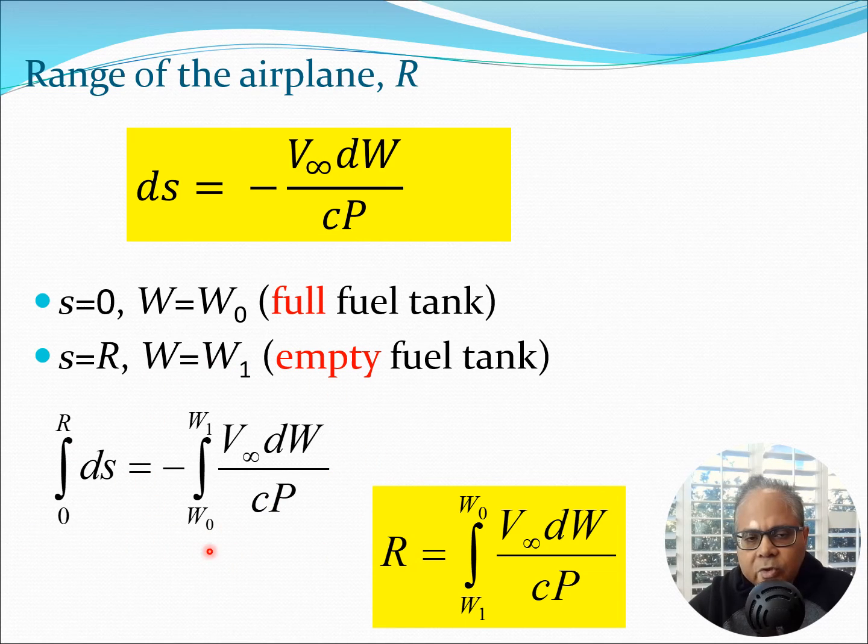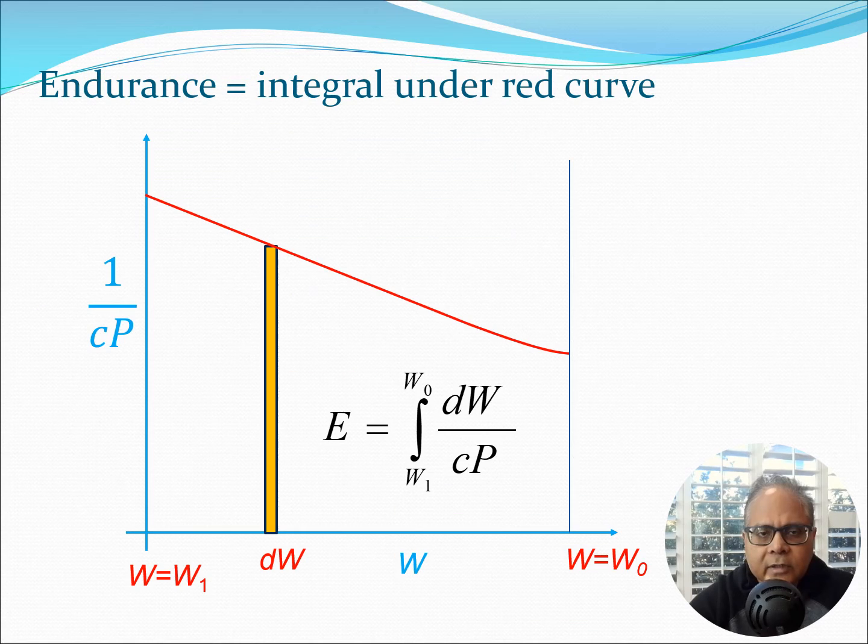So at 0 w0, at R w1. Now what we can again do is flip these bounds of the definite integral, and if we do that the negative sign will disappear. This is something coming out of the theories of calculus. So in the yellow here we have the expression for range.